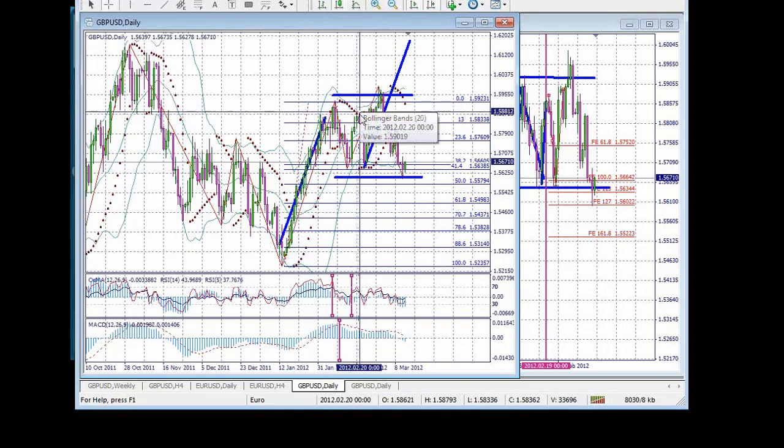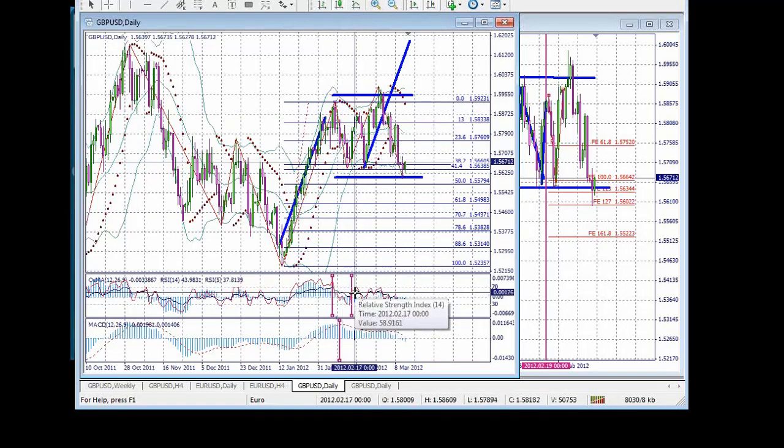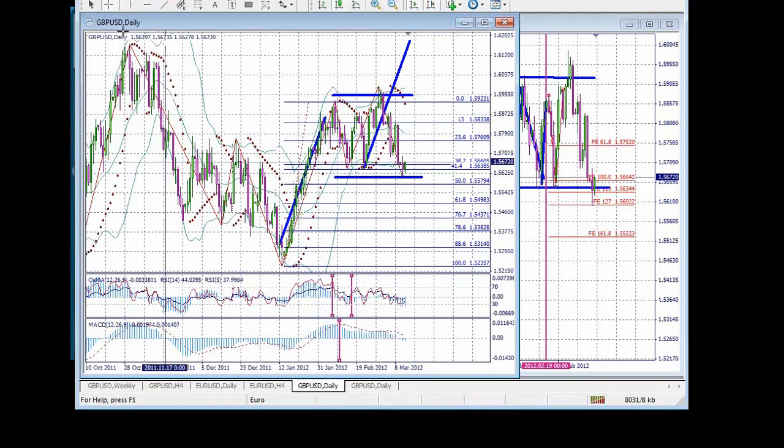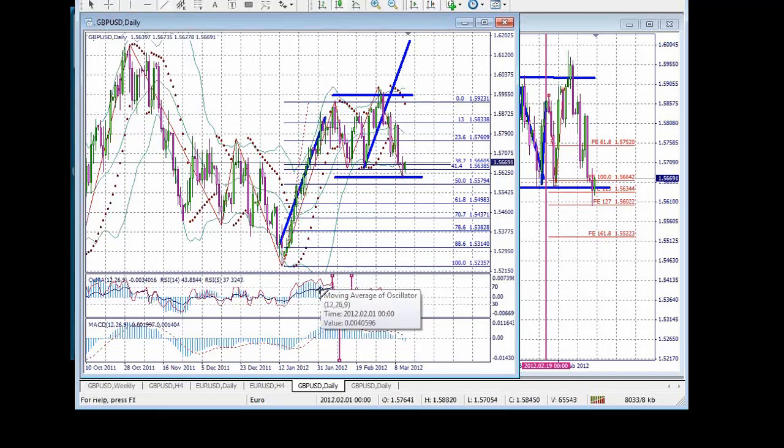So in this case, we should know that this signal with the cross of RSI and the main indicators is not a strong signal. A lot of people ask me, I can tell you that the signals where you have the confirmation from MACD, like here and here, are stronger signals.